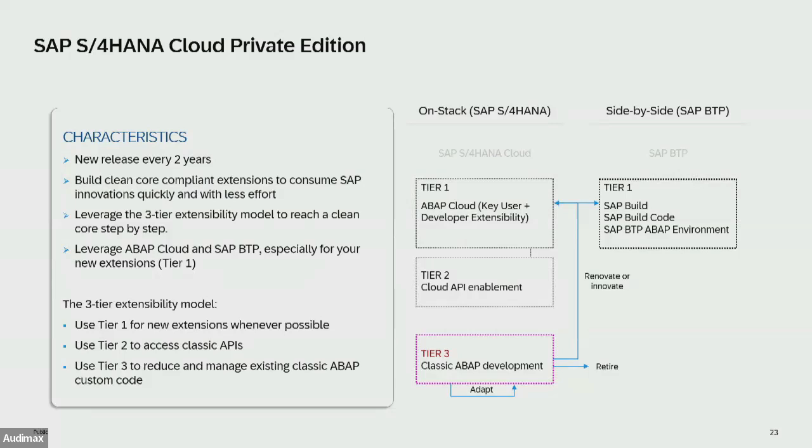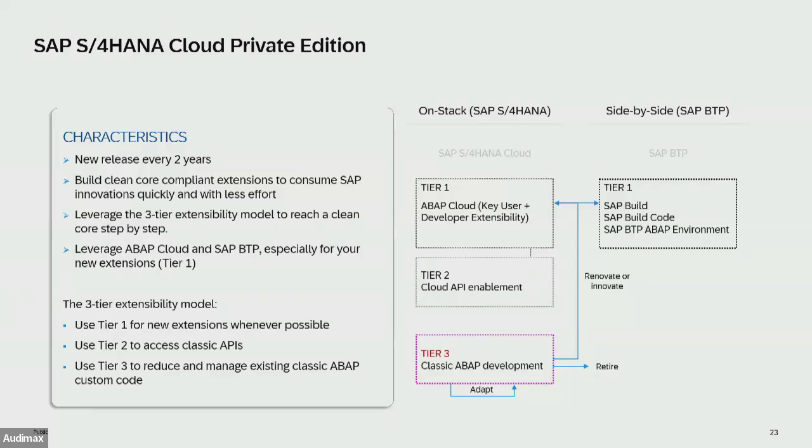Why should you do that? Why is Clean Core of interest? The idea behind that is, of course, that you want to have easy upgrades. The extension shall not be in your way when you do an upgrade. When you want to consume new innovations from SAP, you don't want interference with all your extensions.